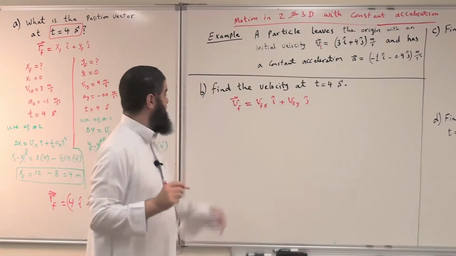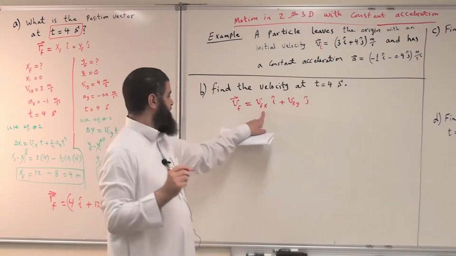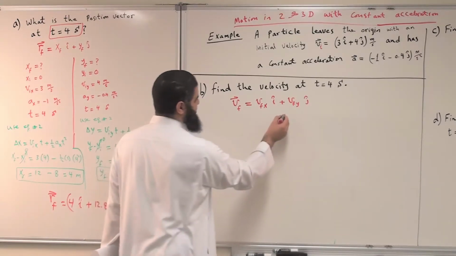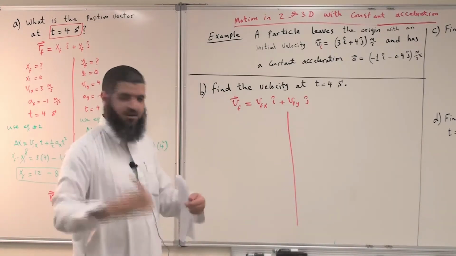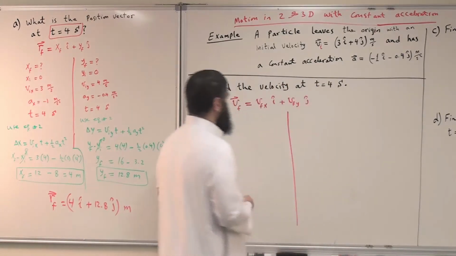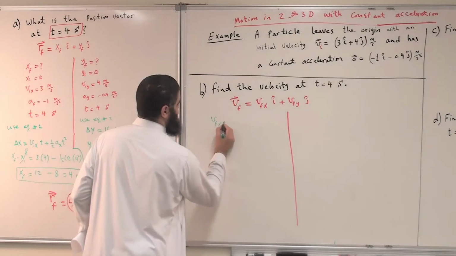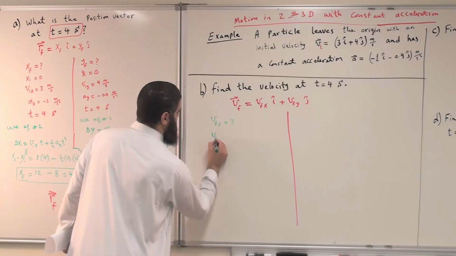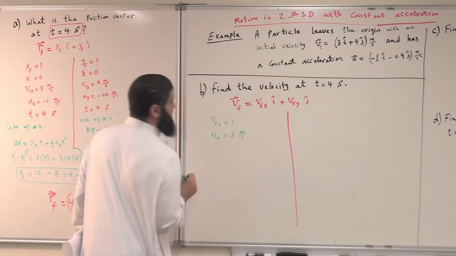So we'd like to calculate what is the x component of the final velocity and what is the y component of the final velocity. So I have to treat the x component separately from the y component, as we have done in the previous part. Okay, so v final x is unknown, but I know v initial x, which was 3 meters per second.